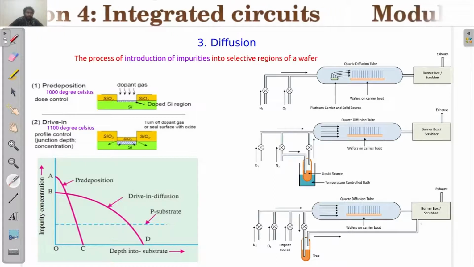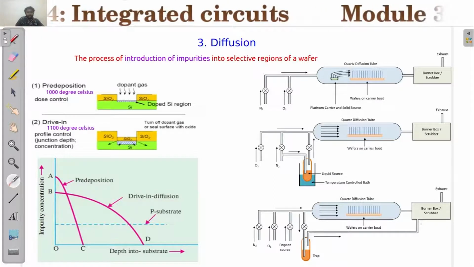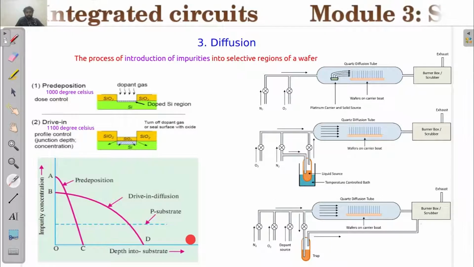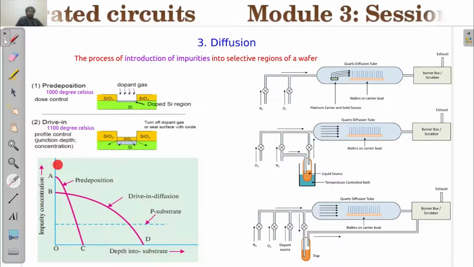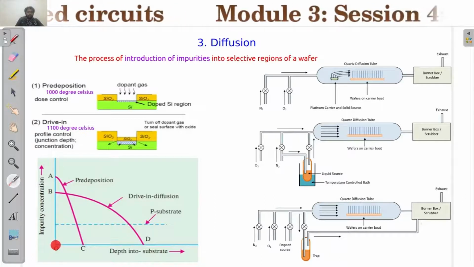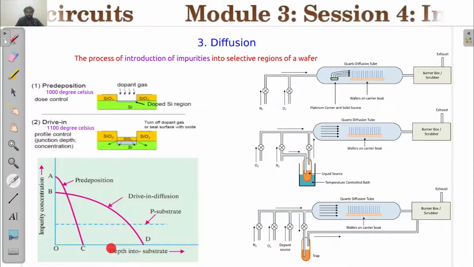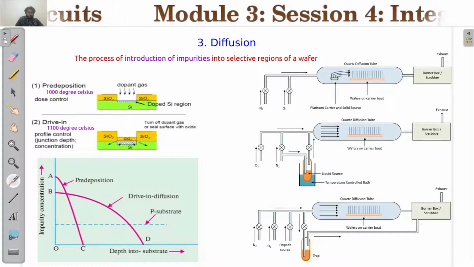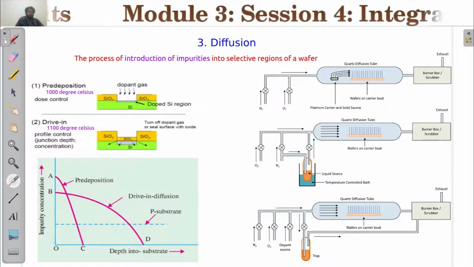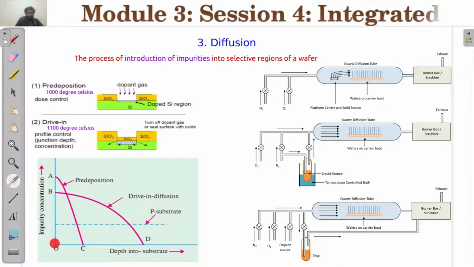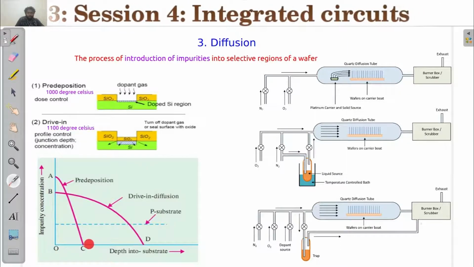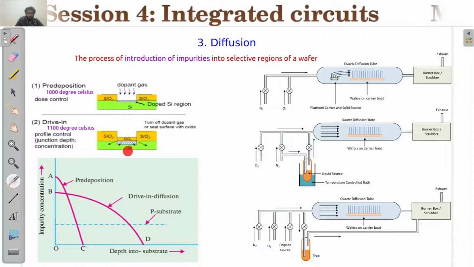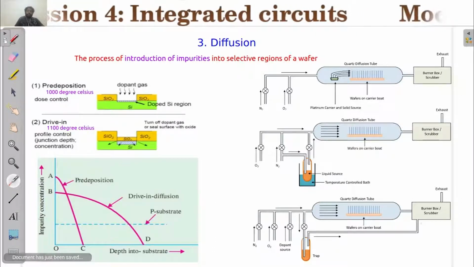Here there is a graph that plots depth into the substrate on the x-axis, and impurity concentration on the y-axis. The origin on the x-axis represents the surface of the silicon layer, and as we go along the x-axis, we go deeper into the silicon layer.